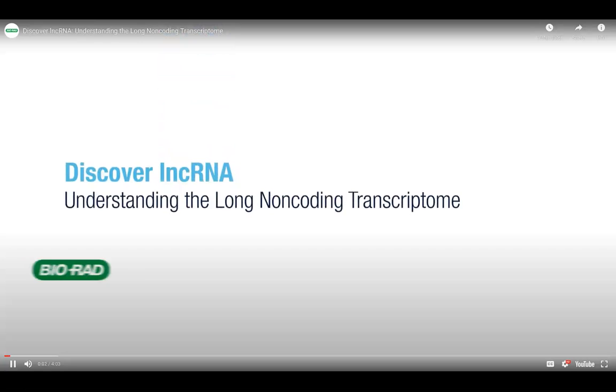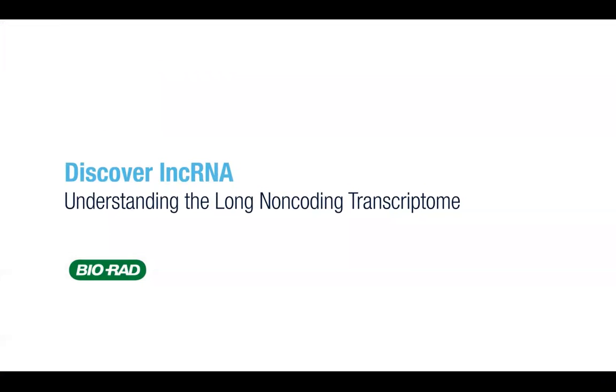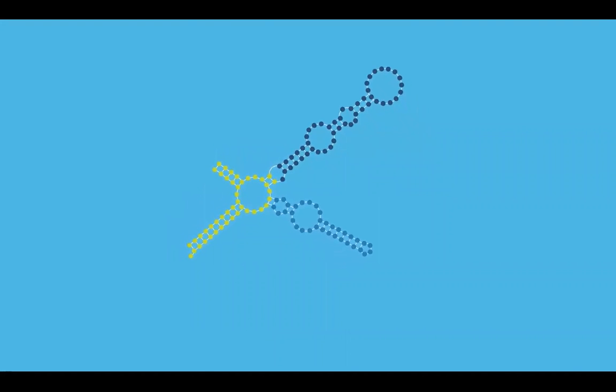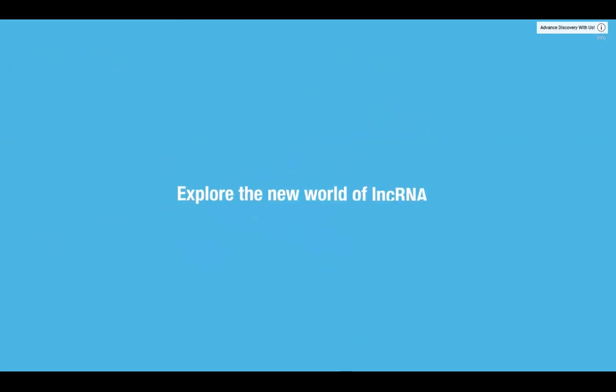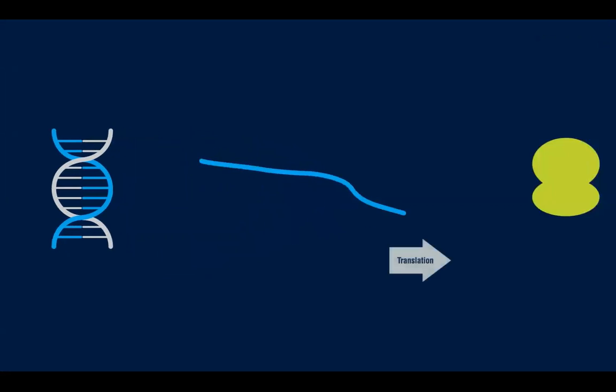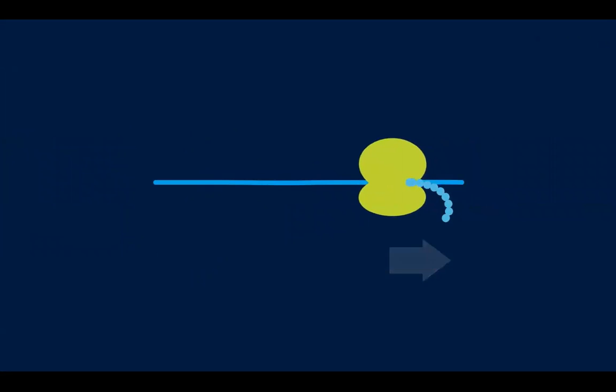Long non-coding RNAs, or lncRNAs, are a newly discovered class of RNA transcripts. For the next couple of minutes, let's explore this intriguing field. Not too long ago, scientists thought of RNAs as only a simple, short-lived copy of our DNA, serving as a template for the synthesis of proteins.